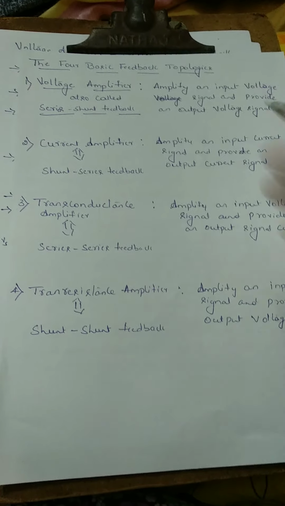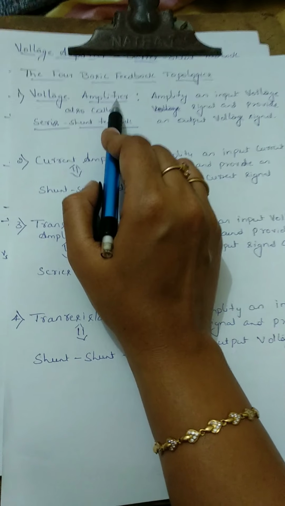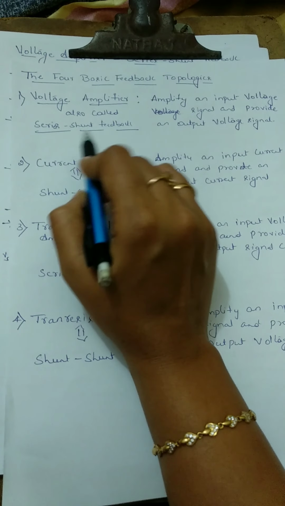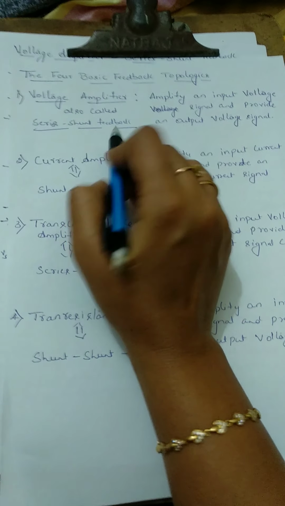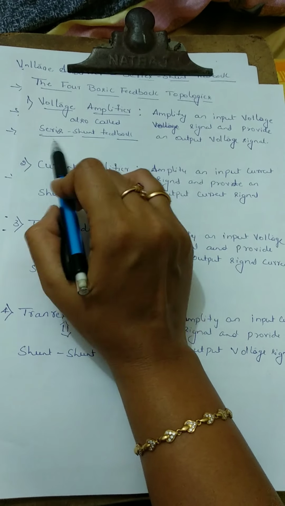Okay, so first we'll see the voltage amplifier. This is also called series shunt feedback. Why it is called series shunt, you'll get to know, I'll explain it later. So voltage amplifier, series shunt feedback.